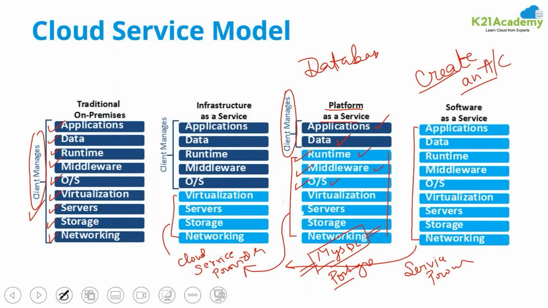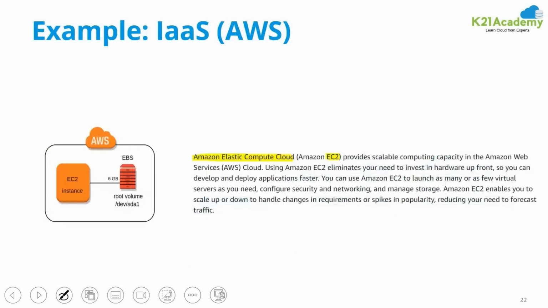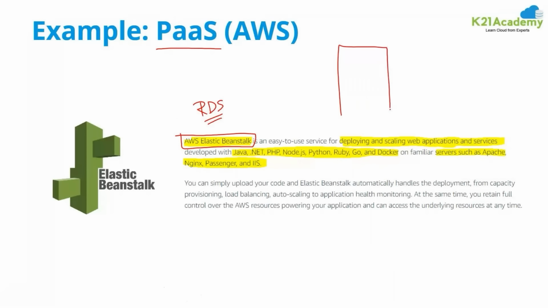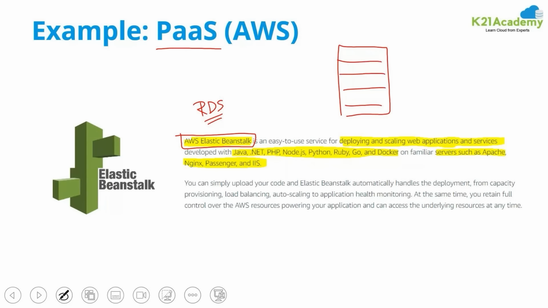You will only bring the MySQL which has been installed by AWS or by Amazon or by Azure. Then it is known as platform as a service, where the whole platform has been created. You just load your application and the data.